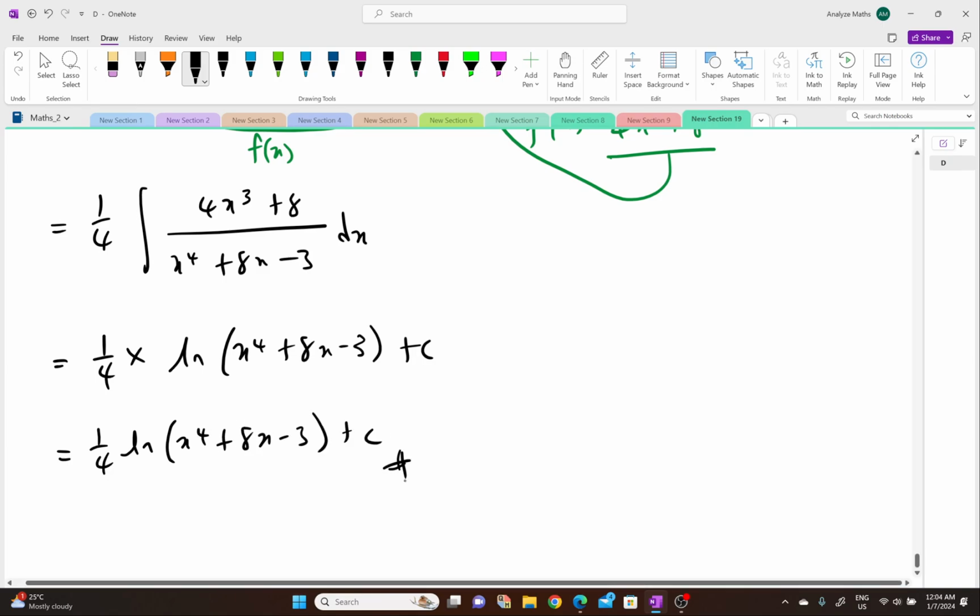This is the formula, this is the answer. Okay, just hold on, need to check certain things.